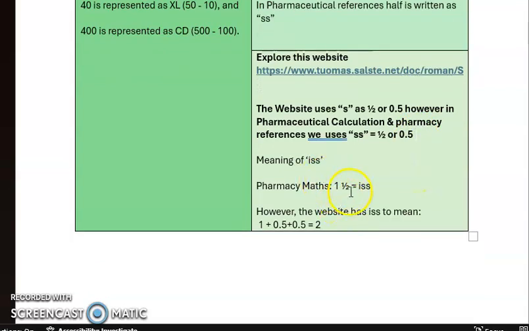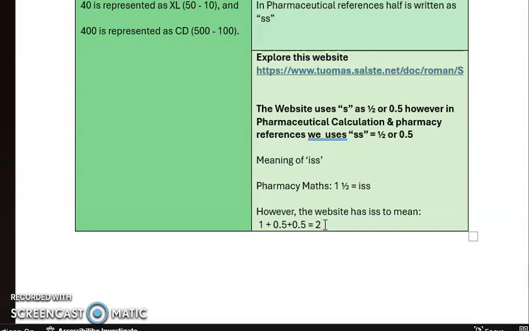So, what if you see Roman numeral I and SS in pharmacy math? That means 1 plus a half, and that is equivalent to 1.5. However, when I placed this in the calculator on Google, it gave me 1 plus 0.5 plus 0.5, which is giving me 2 in the online calculator.